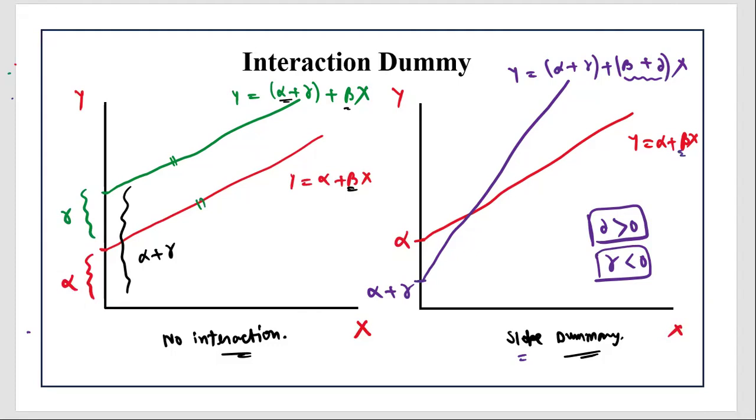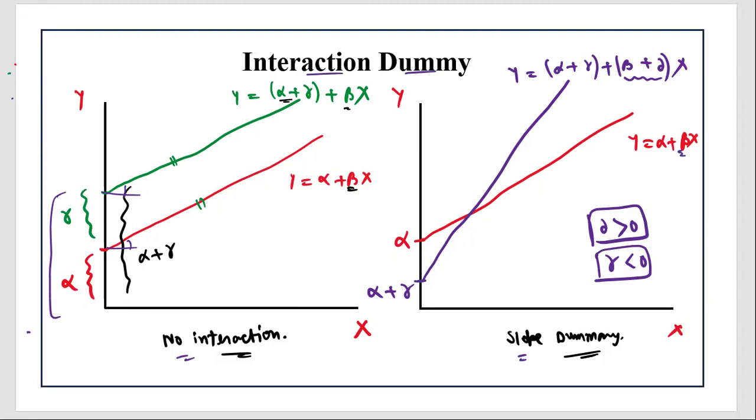And this is how we introduce dummy variables into our model in order to handle the impact of qualitative variables in our regression model, right? We have seen how to introduce them and how to use them in our model, and what the impact of the interaction dummy is. If you don't have any interaction dummy, only the intercept term will change, the slope will be unchanged. Here in both cases the slope is beta.